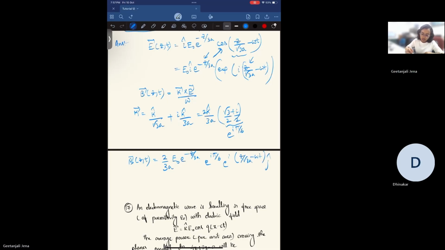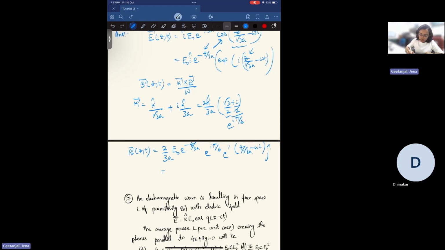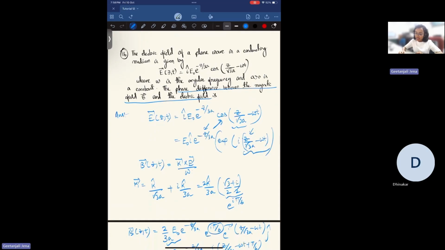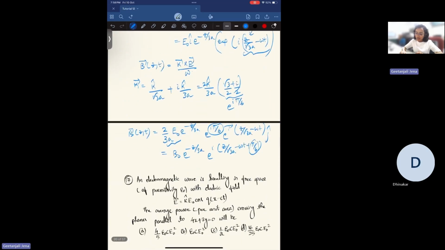So you can write this taking a constant, which is B0, e to the power minus z by 3 e to the power i(z minus root 3 minus omega t plus pi by 6). I have just taken this one inside. And if we compare it with the phase of this electric field, the only additional factor is pi by 6. So that means the phase difference is pi by 6. Okay.